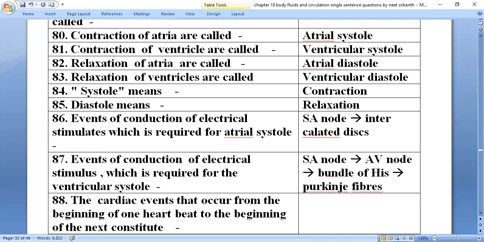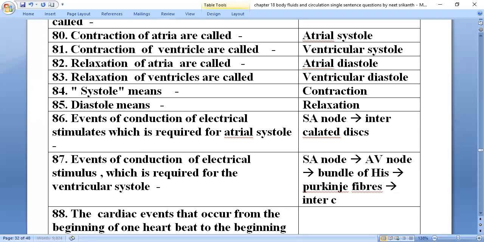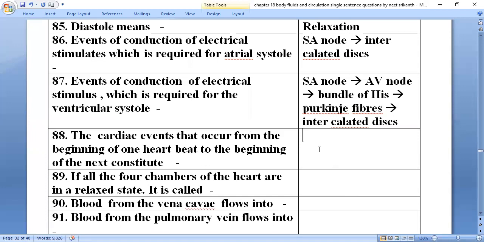Then it spreads to all the cardiac musculature of the ventricle with the help of intercalated discs. SA node to AV node to bundle of His to Purkinje fibers to intercalated discs.